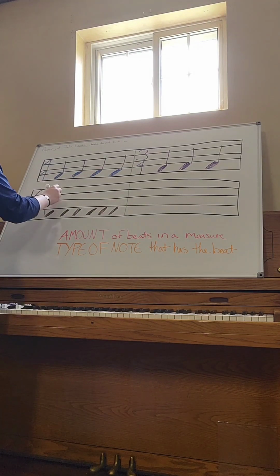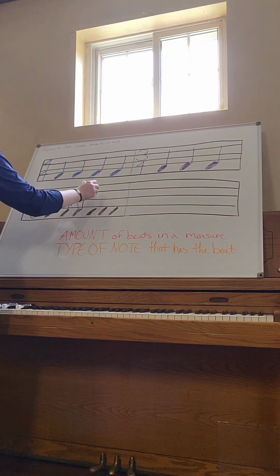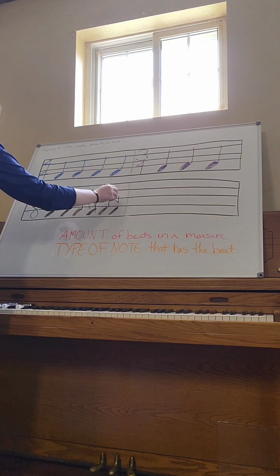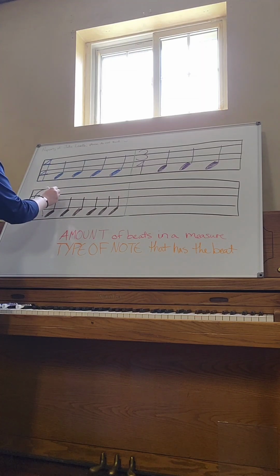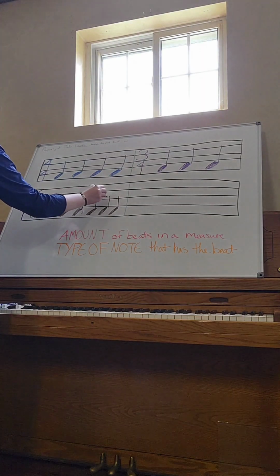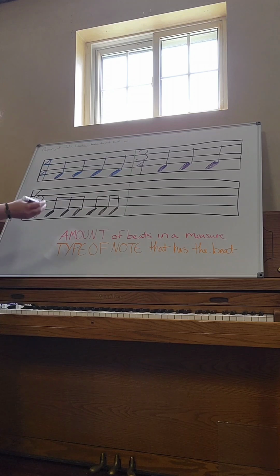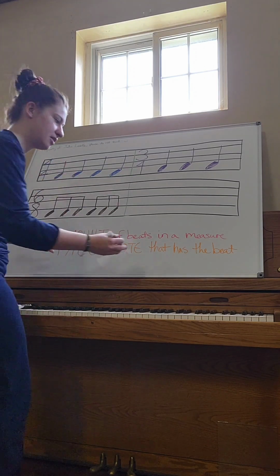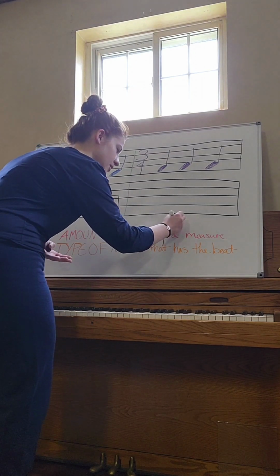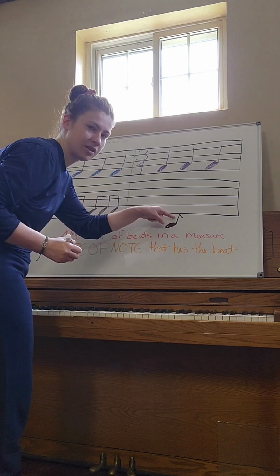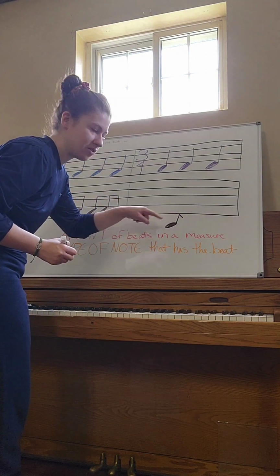Let's see. We're going to first draw some stems. Then we're going to group them. And I remember when I was saying how eighth notes are like, whoop, and then they got a flag. Can you see that? I hope you can.